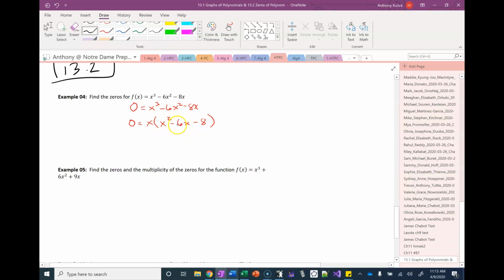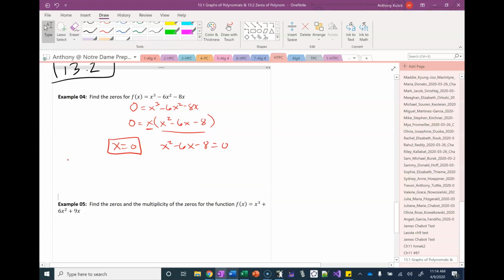So I know that I can solve any quadratic part either by factoring, or if I have to, I can use the quadratic formula, or even if you just prefer. So I'll apply the zero product property here. So I can say that x is equal to 0, and then x squared minus 6x minus 8 is equal to 0. So x equals 0, that's solved already.